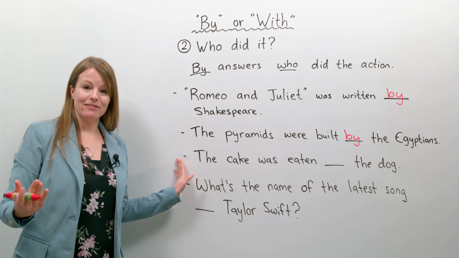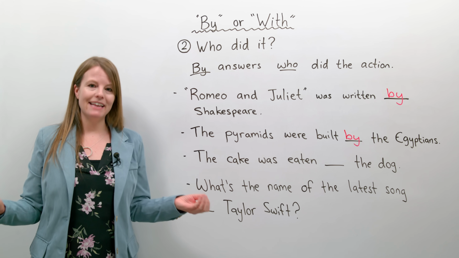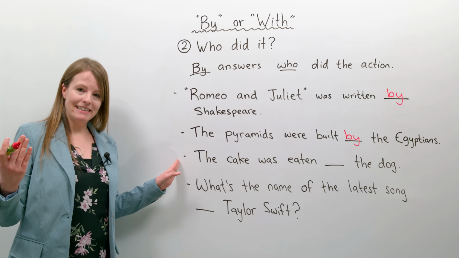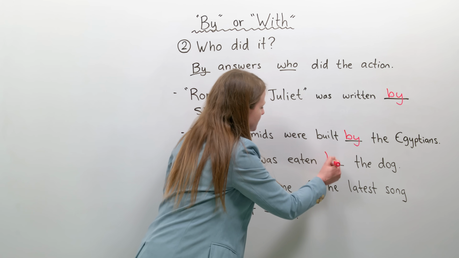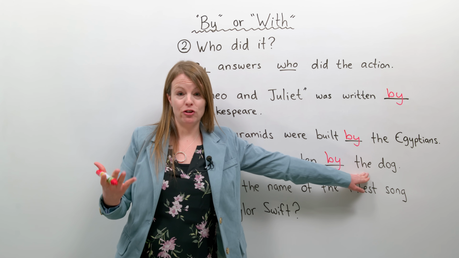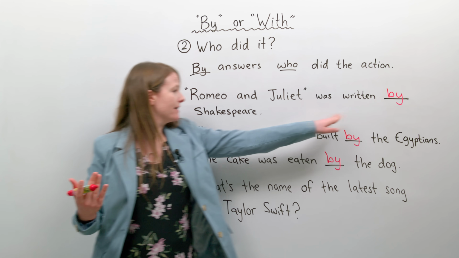Okay, here's another question. So again, we want to know who ate the cake? The cake was eaten by the dog. So again, this is where the answer to who is. Who did it? The dog. Who did it? The Egyptians. Who did it?